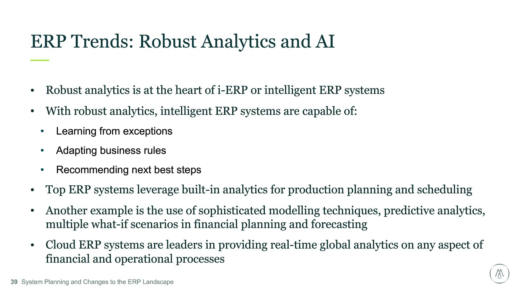A good example of a system that does it is SAP S/4HANA with its proprietary operational database and in-memory computing platform, which allows real-time analytics. And most ERP vendors out there now offer some form of robust analytics as part of their core deployment.